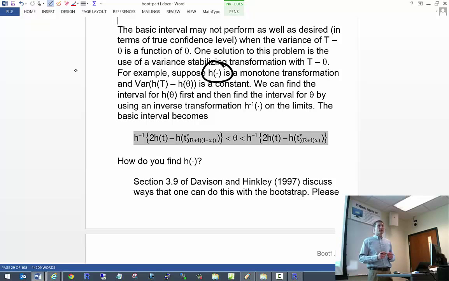There are no parameters anymore in the actual variance itself. If you can find a variance stabilizing transformation, h of t, you can use that then with the basic interval in much the same way as maybe what you've done in other classes of finding a confidence interval.